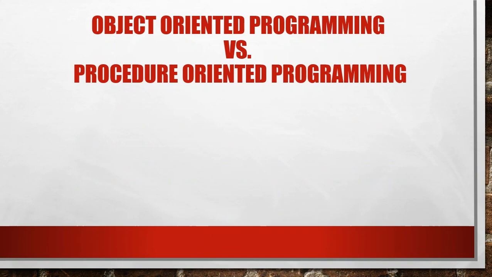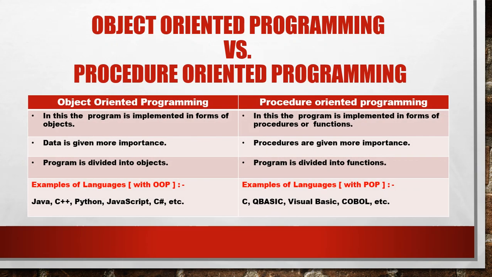So, now let's check the difference between object-oriented programming and procedure-oriented programming. In case of object-oriented programming the program is implemented in form of objects, while in case of procedure-oriented programming the program is implemented in form of functions or procedures. In case of object-oriented programming data is given more importance, while in case of procedure-oriented programming procedures are given more importance.